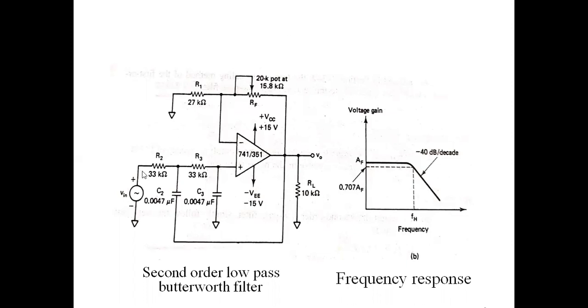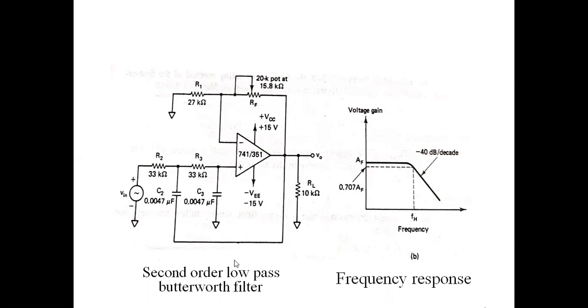Now, as we have already studied the first order low pass filter, there we are simply using a single RC filter. Now we are using two RC components, hence the name second order: R2 C2 and R3 C3 are the components.